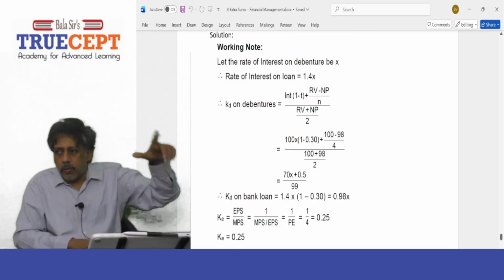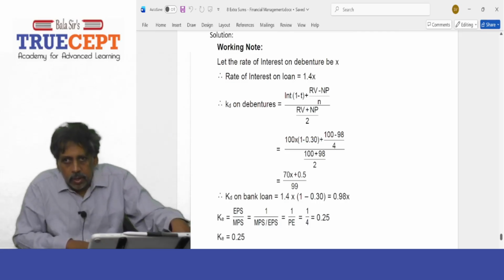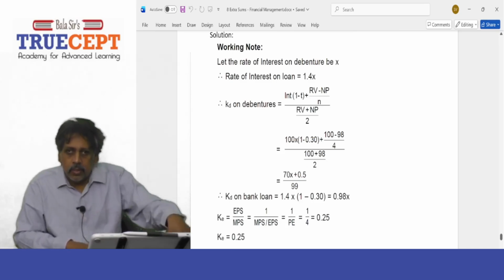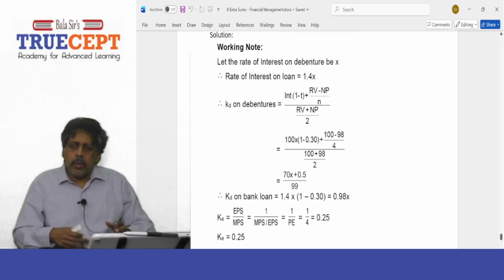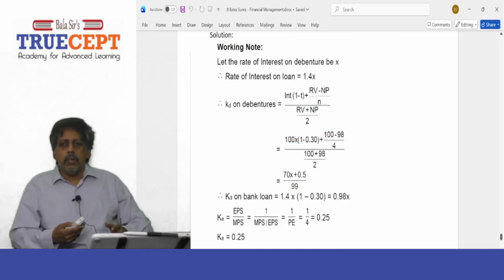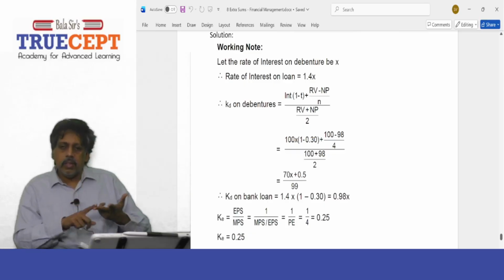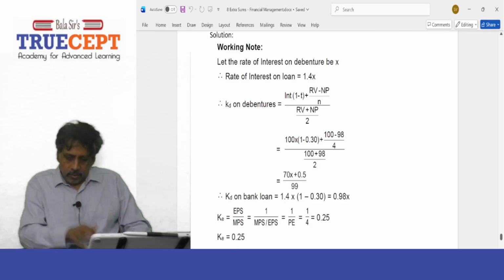Now what is the rate of interest on bank loan? 1.4x, because x% is the rate on debenture. Bank loan is 1.4 times, so 1.4x into (1 minus 0.3). Now when I solve I get 0.98x. Is that fine?